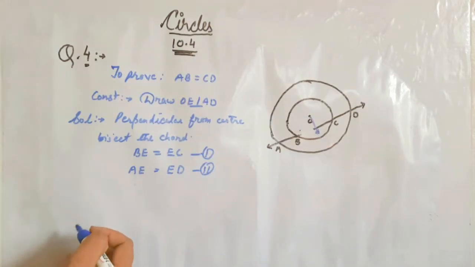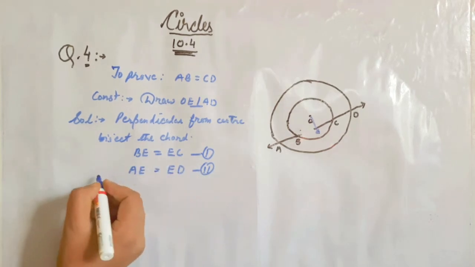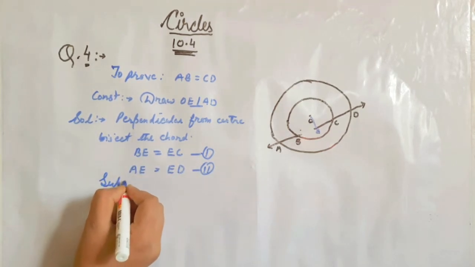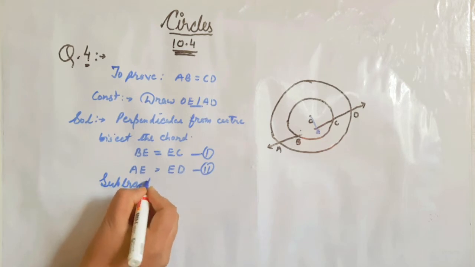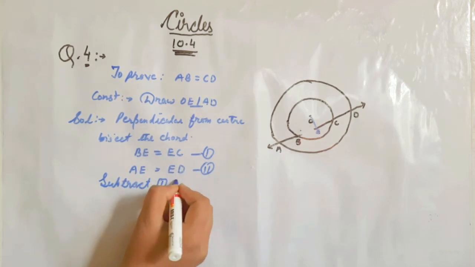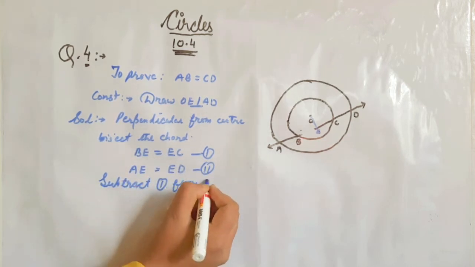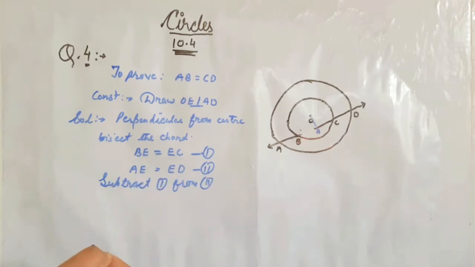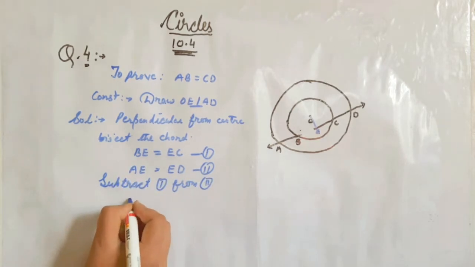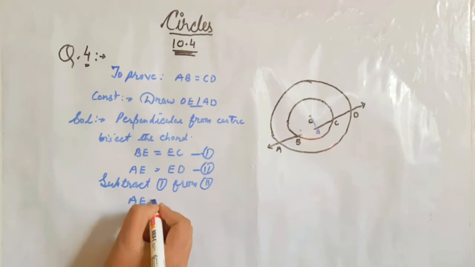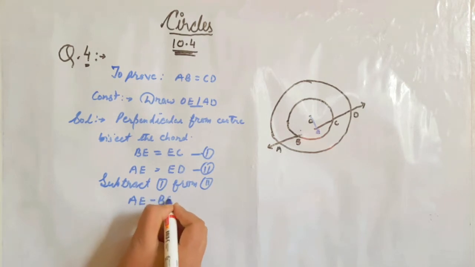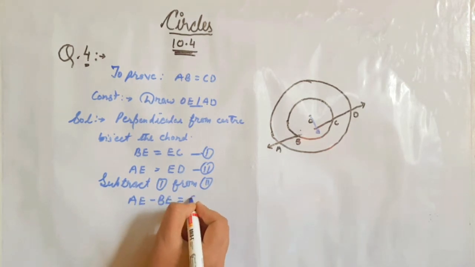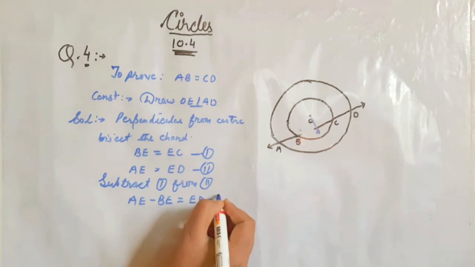Means what we have to do? Subtract 1 from 2. What we got after subtracting it? We got AE minus BE equals ED minus EC.